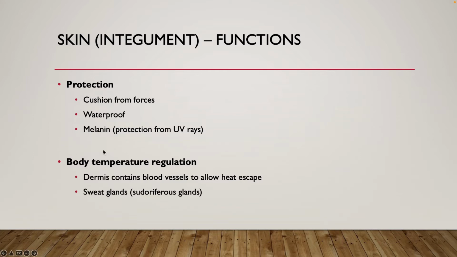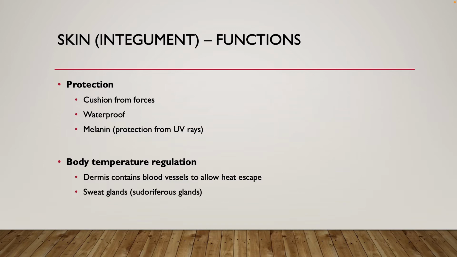We have our skin function in body temperature regulation, and so various portions of our skin will have blood vessels, and these blood vessels can undergo vasodilation and vasoconstriction to either increase surface area or decrease surface area.